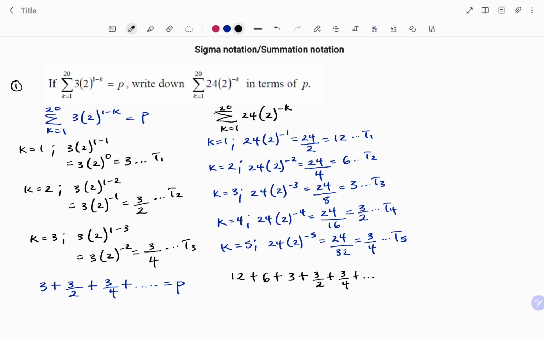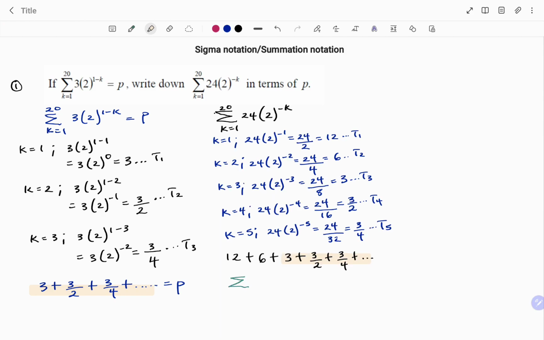We will observe that this is equal to the terms we have here as p. We have p starting from 3 plus 3 over 2 plus 3 over 4. It's also equal to the terms we got from our third term, that's 3 plus 3 over 2 plus 3 over 4, and so on.